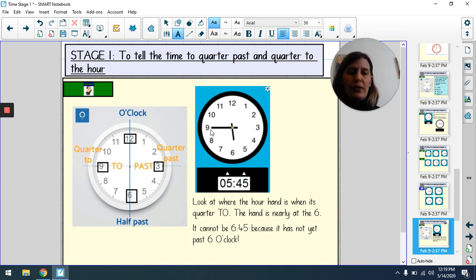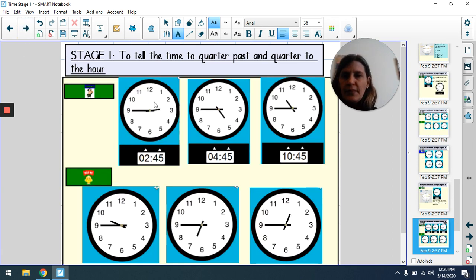If you're getting a bit worried about the digital numbers, leave it. If you're feeling really confident, then I'd like you to challenge yourself to be saying the time in words, quarter to 6, and to have a go at saying the time written in digital form, 5:45. Right, watch me. Here's my hour hand.